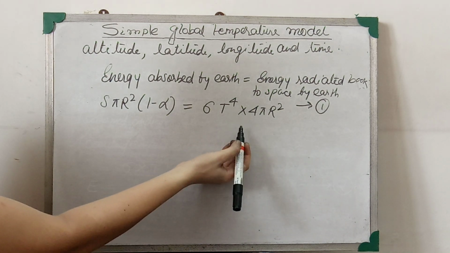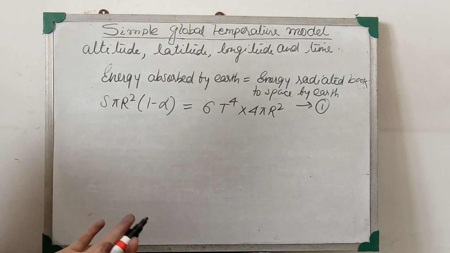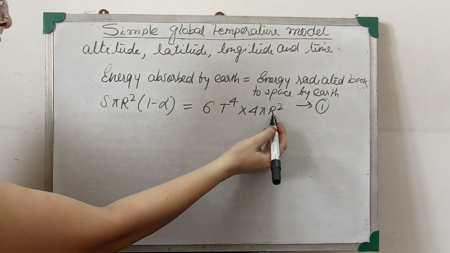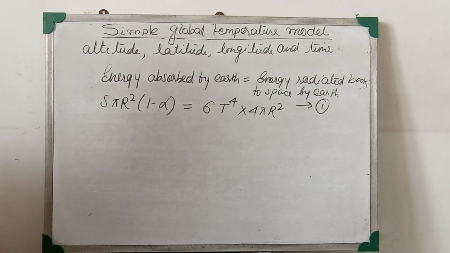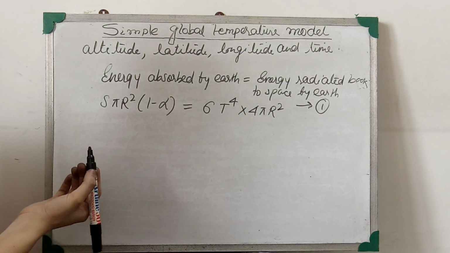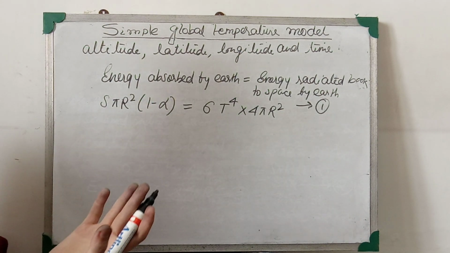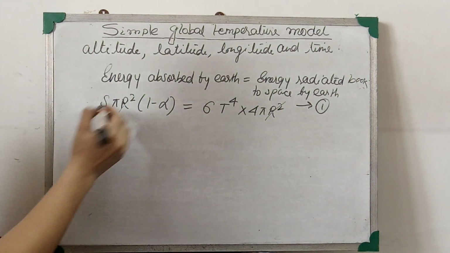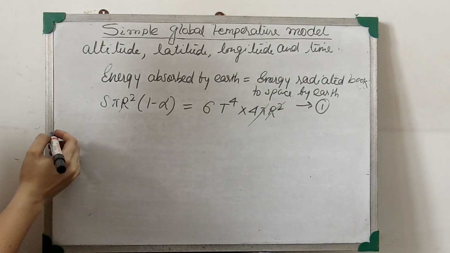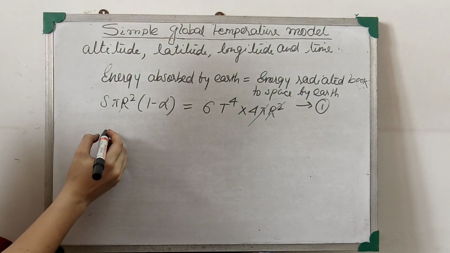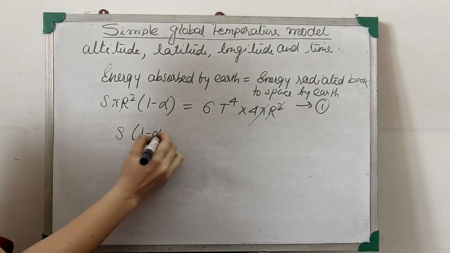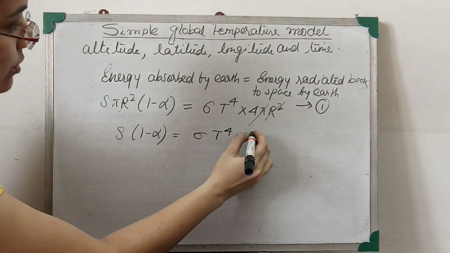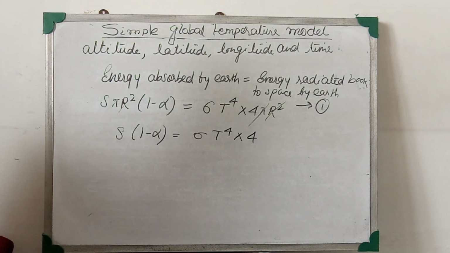T is the effective temperature of the Earth black body, and R is the radius of the Earth. Since we know that the radius of both the circular hoop and the Earth was equal, equal quantities can be cancelled out. Pi will cancel out. So the remaining quantities are S into 1 minus alpha equals sigma T to the power 4 into 4.